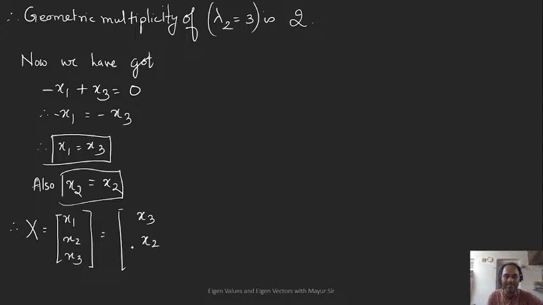And x3 is also x3. We have expressed x1 in terms of x3. Don't write x1 in terms of x1 again, or you will get nowhere. So x2 and x3 both are free variables.